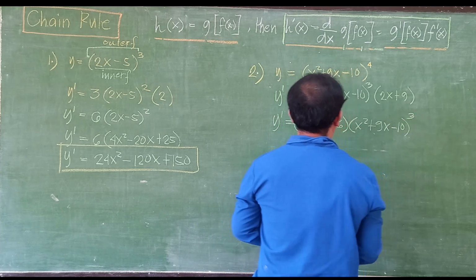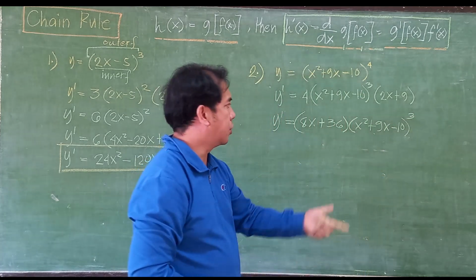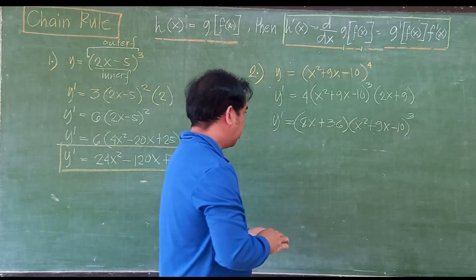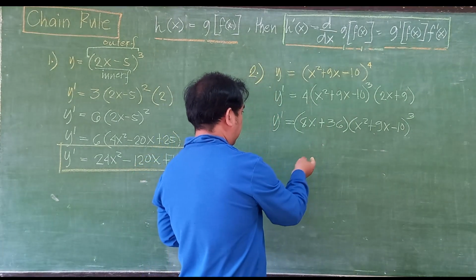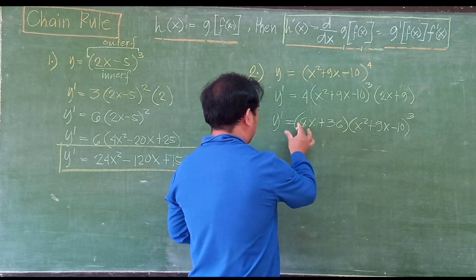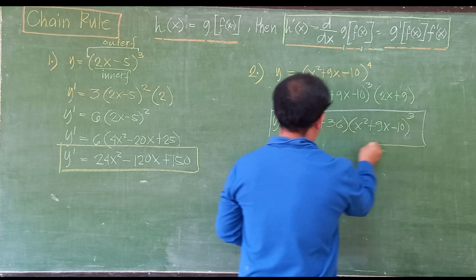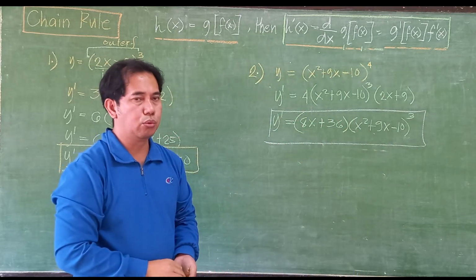Now, if you want to expand this one and multiply it again, you can still do that. So when you get the derivative, the expansion or even this one can be our final result. So that is how to do the chain rule.